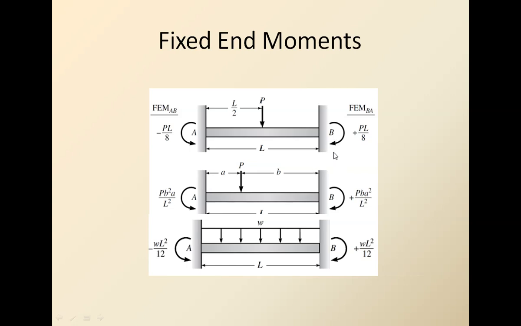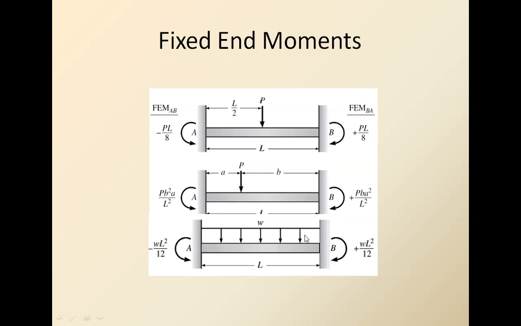Similarly, if the fixed beam is subjected to a concentrated load which is not at midspan, but at a distance a from support A and b from support B, the fixed end moments are P b squared a by L squared at the left hand and P b a squared by L squared at the right hand.